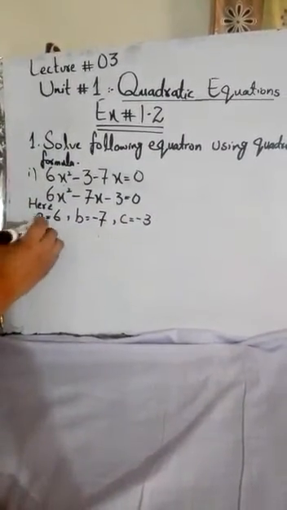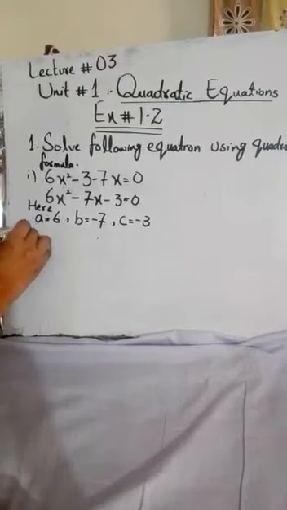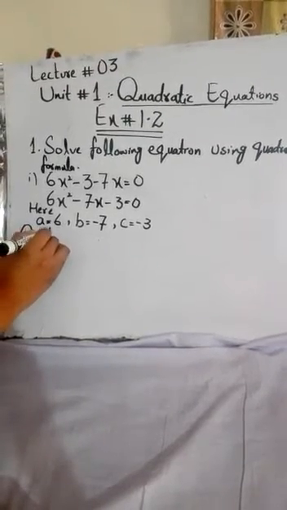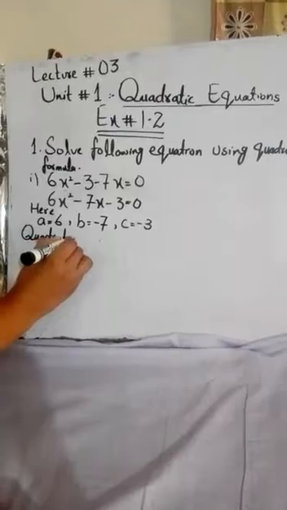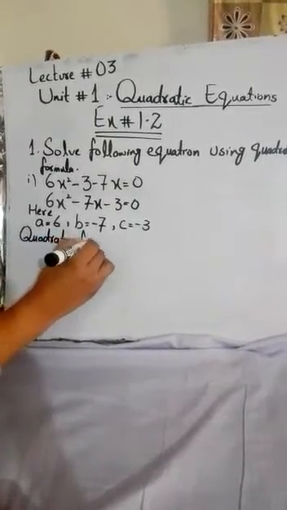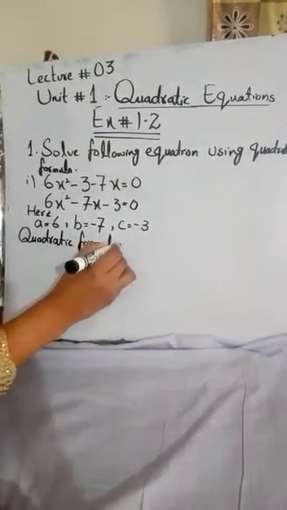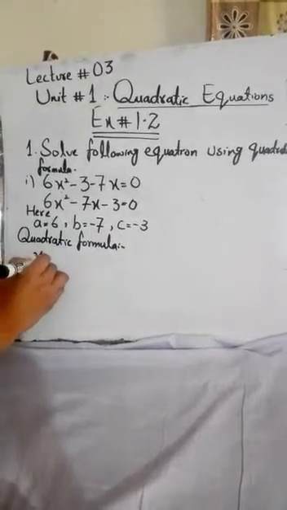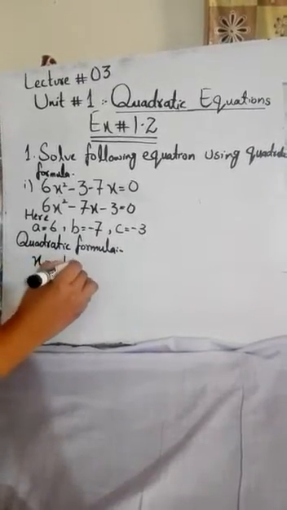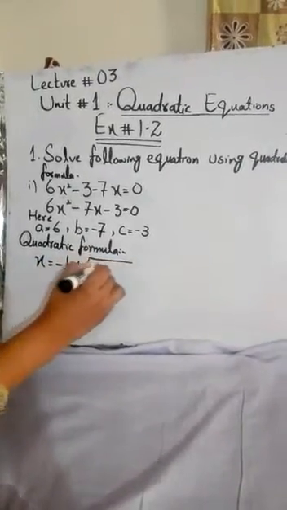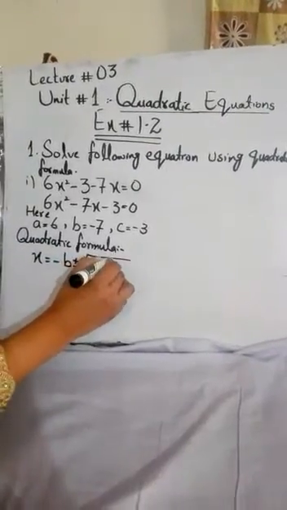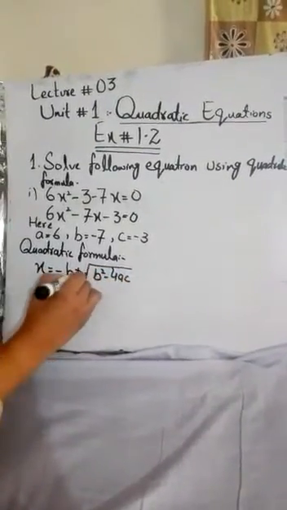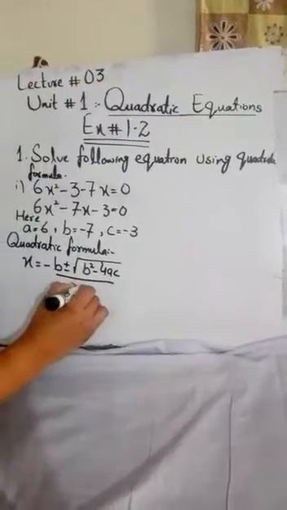So the quadratic formula is x is equal to minus b plus minus square root of b squared minus 4ac, divided by 2a.